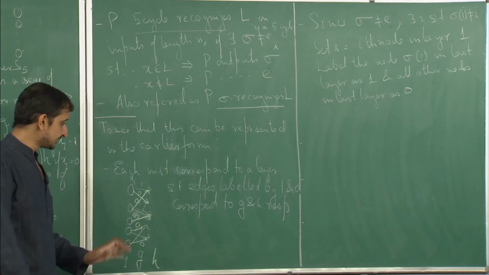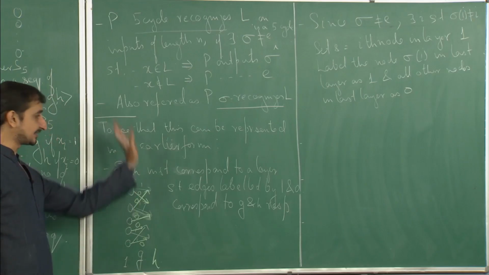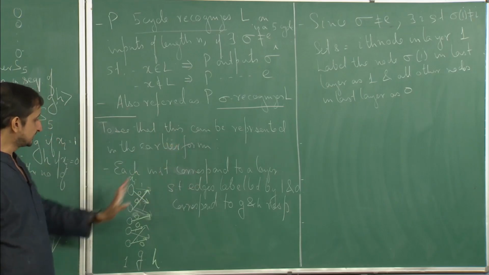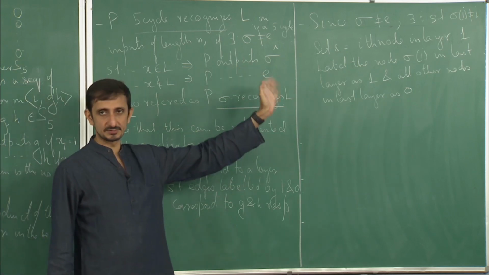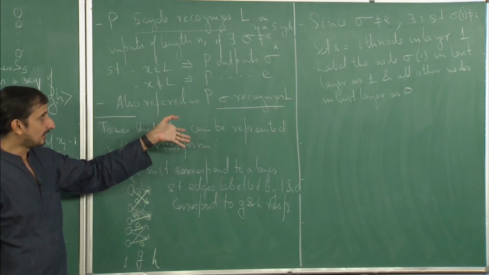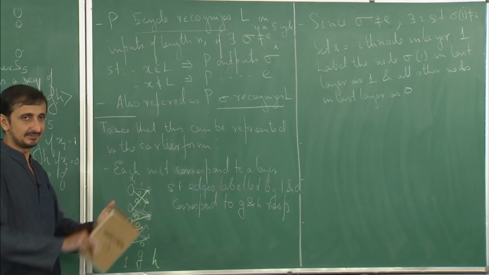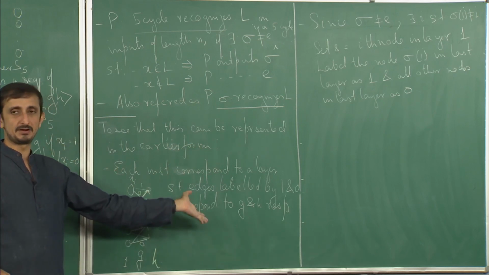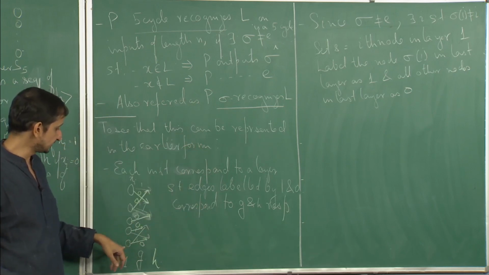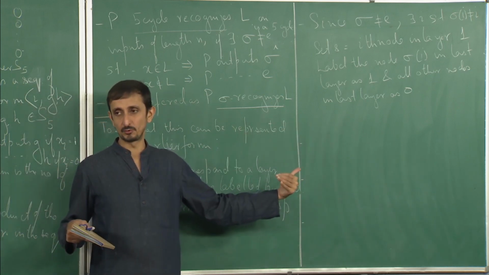So, now it is easy to see that if, let us say, x is accepted, which means that the product of these permutations would correspond to sigma, then the entire thing is represented by sigma, which means that there is a path from i to sigma i in this program.